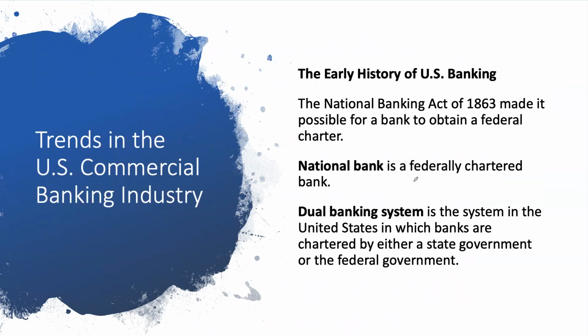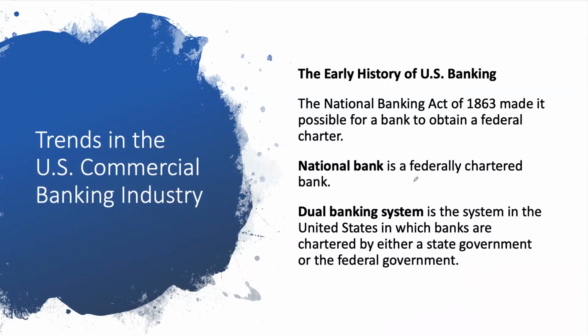Okay. So the early history of US banking basically begins with this notion of a charter, right? Some banks carry what is known as a federal charter, and some banks carry what's known as a state charter, right? The basic idea is straightforward. A charter is just a license, right? If your bank only has a state charter, it's licensed to operate only within the geographic confines of that state.